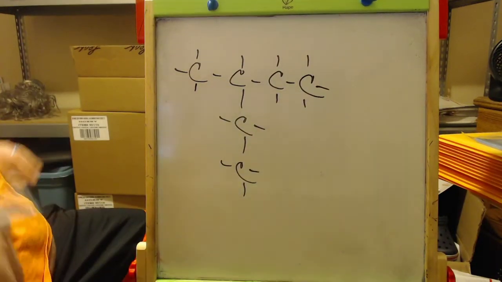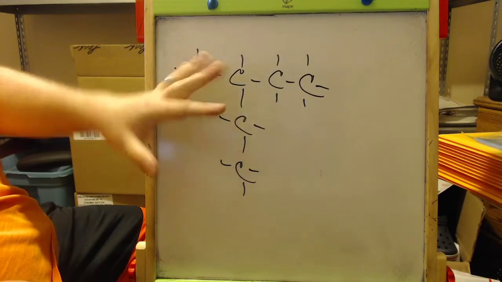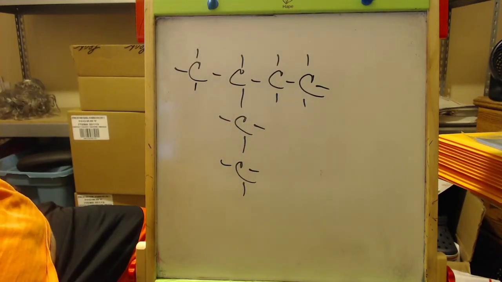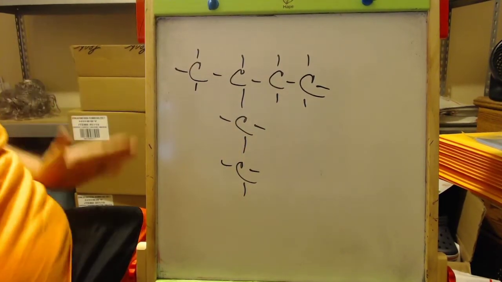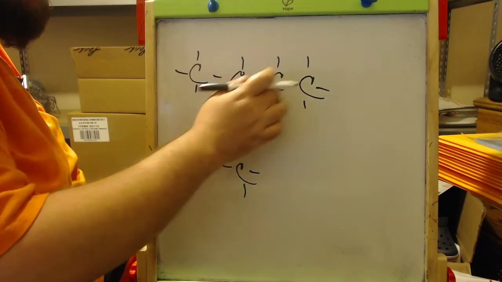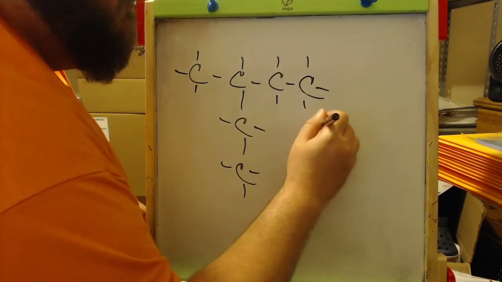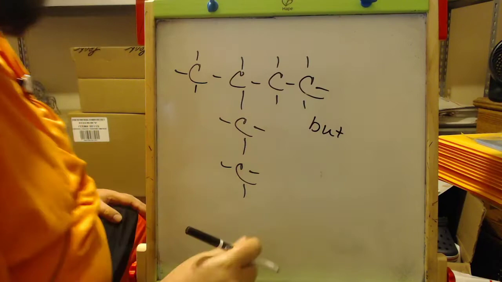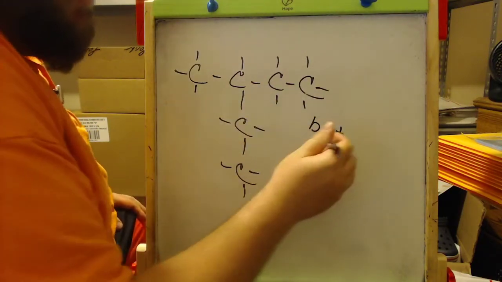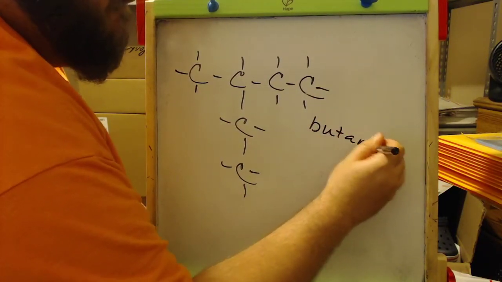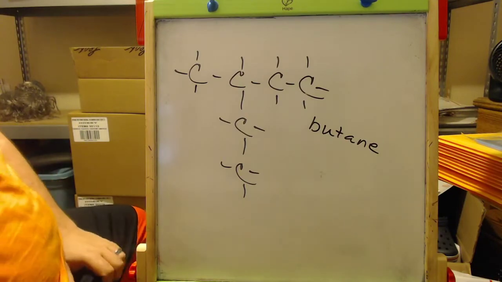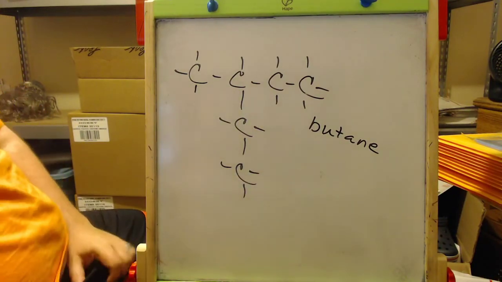We want to count our longest chain, but we have this hanging off on the side. Our longest chain, you would say, is 1, 2, 3, 4. So you'd say, okay, this is but. All right. They're all singly bonded, A and E. So that's butane. But what do I do about this little side chain?